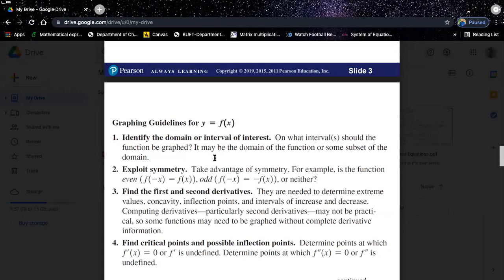All right. Next, exploit the symmetry. Now, what is a symmetry? I think I briefly explained this a couple of days back. That is, if you can draw a line, or if you can imagine a line, you don't need to draw a line.